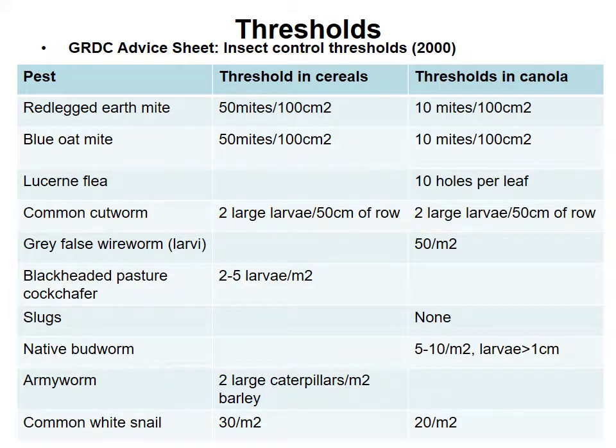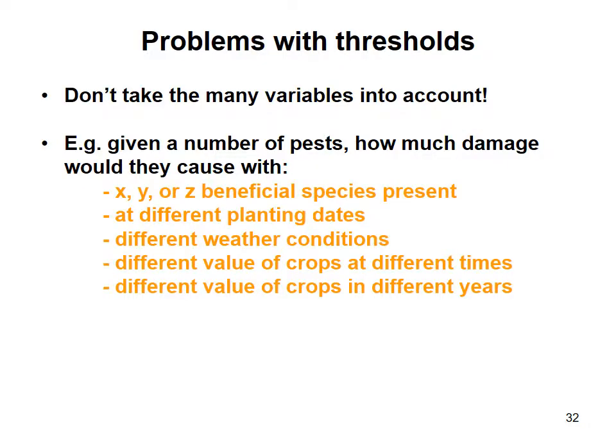Here we have some action thresholds summarised in a GRDC advice sheet, and this is for cereals and canola. These action thresholds should not be used on their own according to IPM strategies. The problem with thresholds is that they don't take the many variables into account.